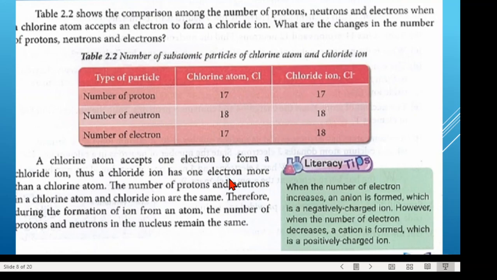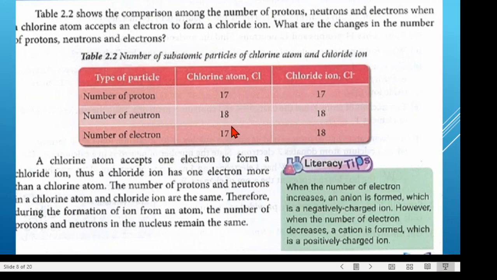Therefore, during the formations of ion from an atom, the number of proton and neutron in the nucleus remain the same. Okay, remember, from atom become ion, the proton and neutron will be the same. What differs is only the number of electron. Okay, number of electron, either increases or decreases.